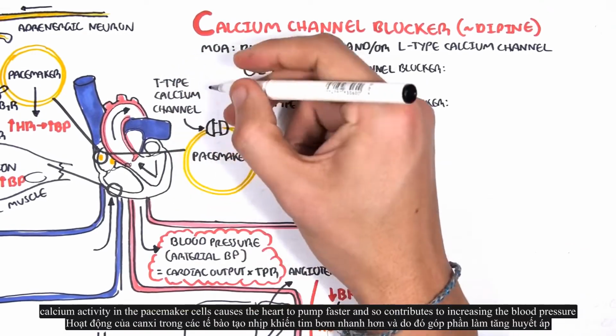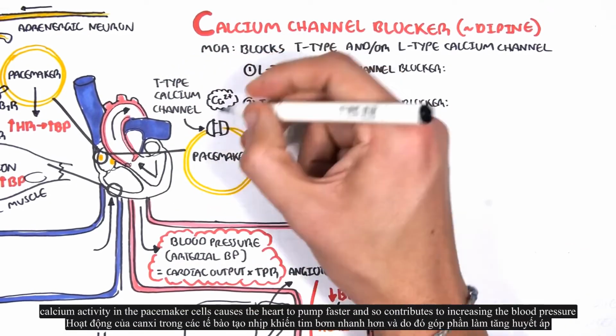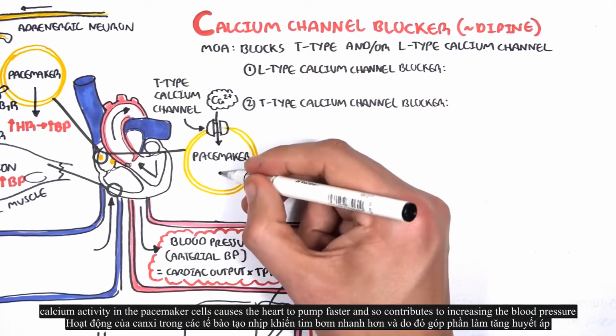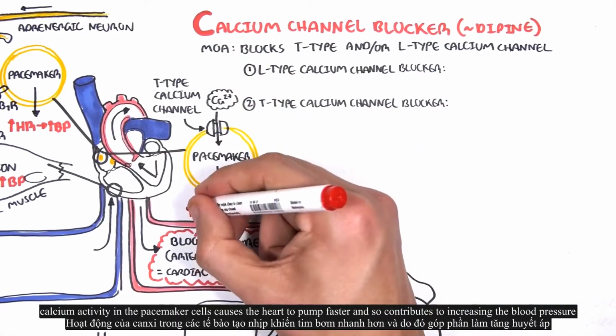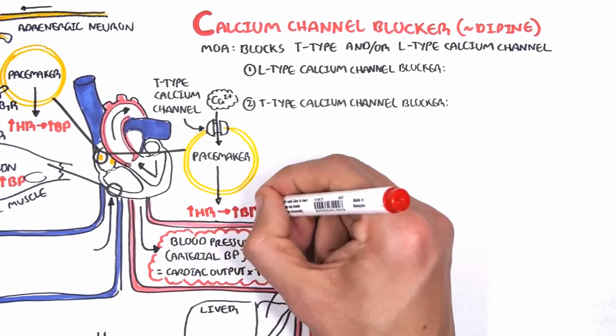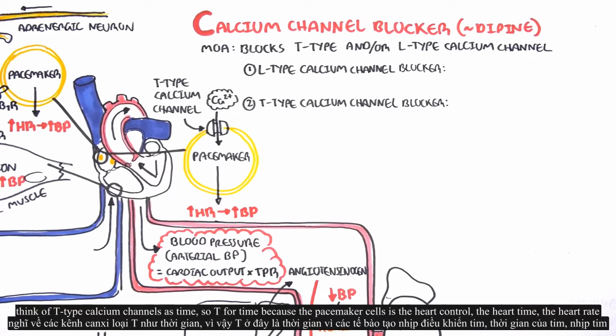Calcium activity in the pacemaker cells causes the heart to pump faster and so contributes to increasing the blood pressure. Think of T-type calcium channels as T for time, because the pacemaker cells of the heart control the heart time, the heart rate.